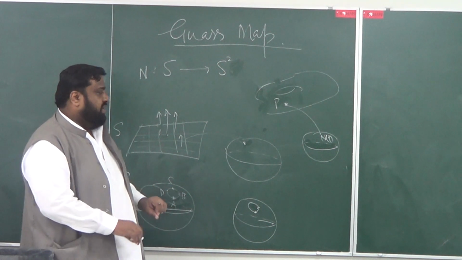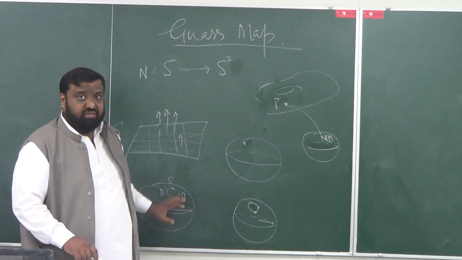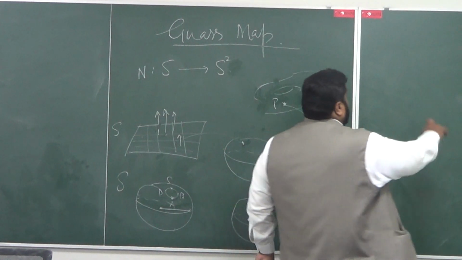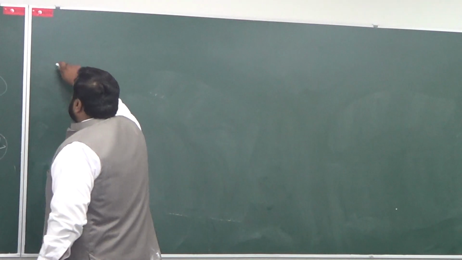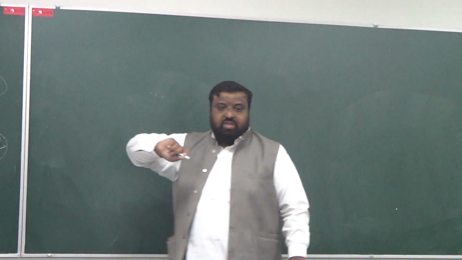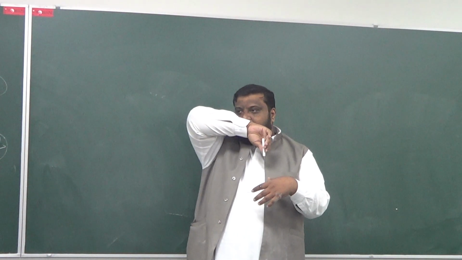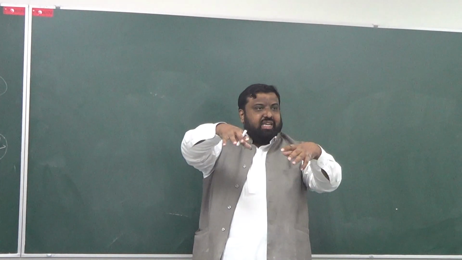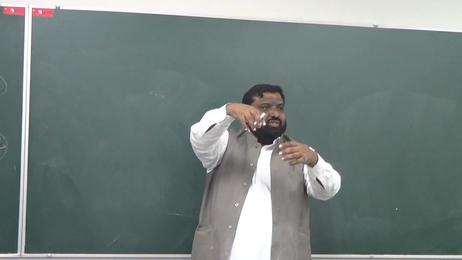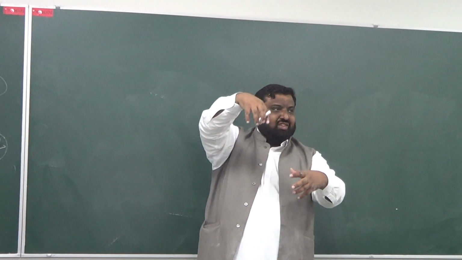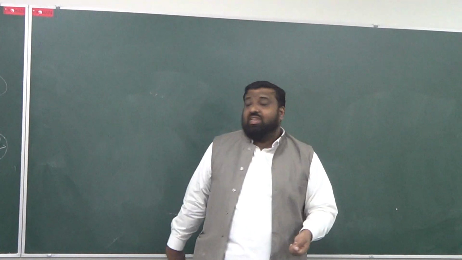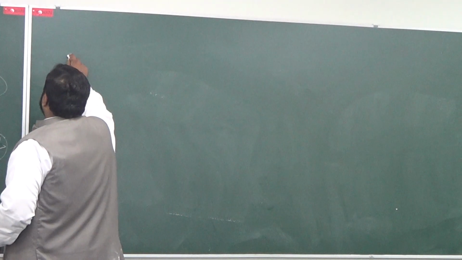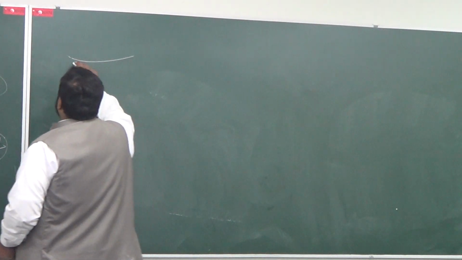Let me give you another example. Let's consider a saddle. So what's a saddle? The seat on which horsemen sit is a kind of saddle. It's going to be something like that.